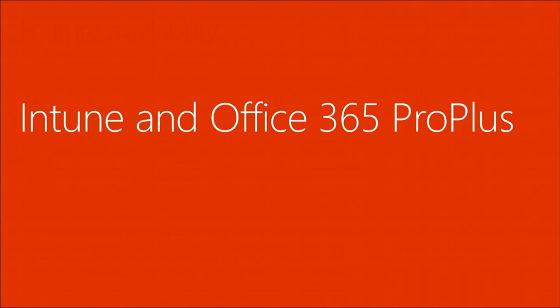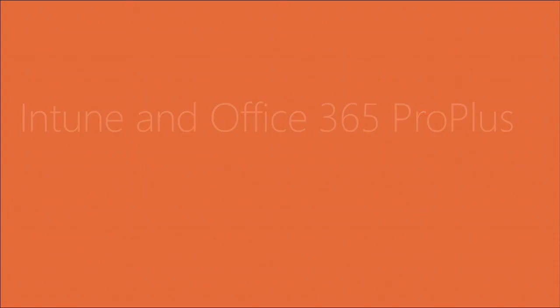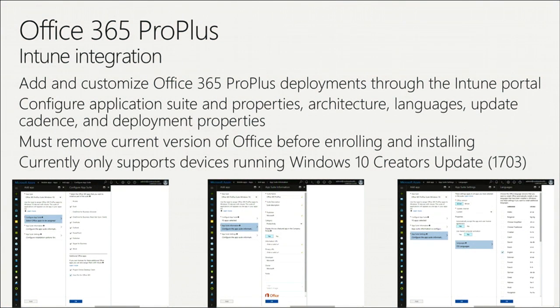We've heard a lot of customers that are ready to start moving to modern management. How do I remove distribution points from my organization? How do I have cloud manageability? I don't want my servers within the organization. We know all of you aren't there yet, but that's an aspiration you want to get there. So we are working closely with our friends within Microsoft Intune to start providing you with those capabilities.